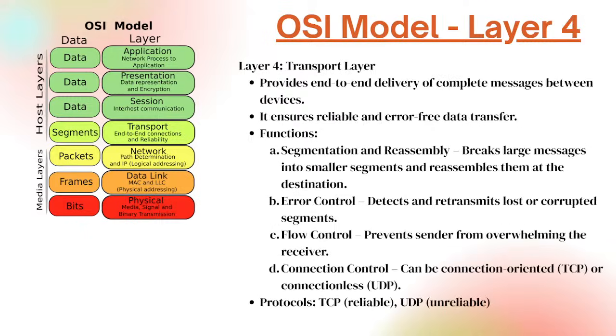Now moving to the next. The fourth one is the transport layer, which is a very important layer. The transport layer provides end-to-end delivery of the complete message between devices.